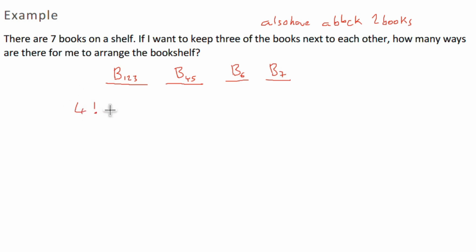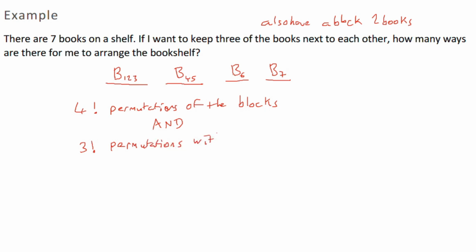So I have 4 factorial permutations of the blocks, and 3 factorial permutations within the trilogy, within block 1, 2, 3, and 2 factorial permutations within block 4, 5, the block of 2 things that need to go together.